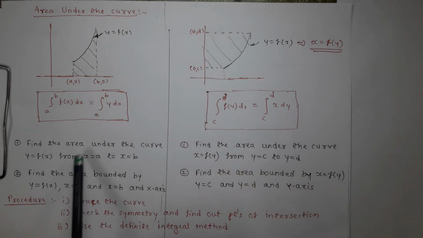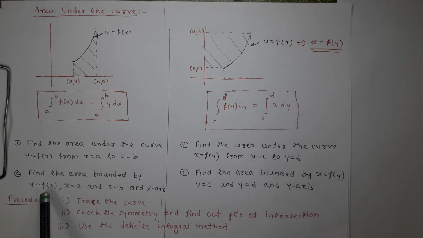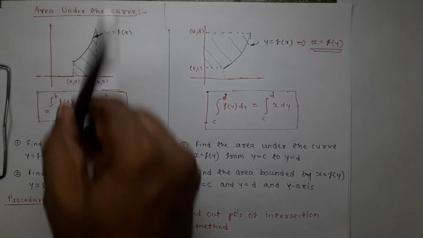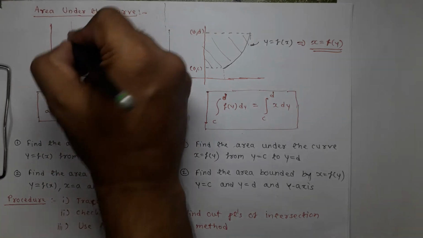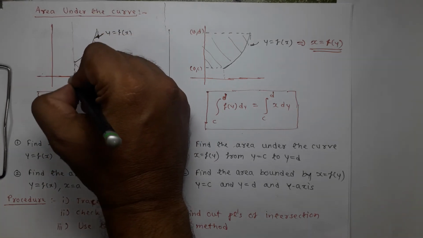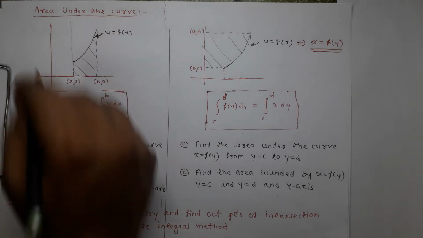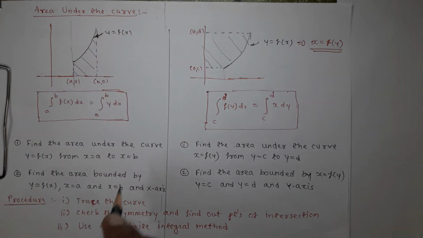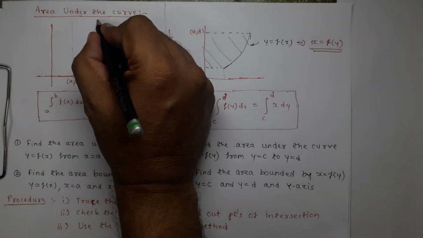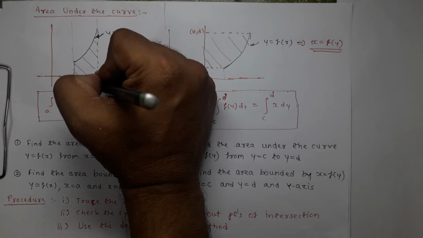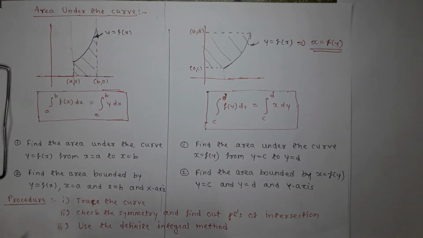Now this may be asked in other words like this: find the area bounded by y is equal to f of x, x is equal to a, and x is equal to b. So x is equal to a is a line which is passing through a, 0 and is parallel to y axis, and x is equal to b means again a line parallel to y axis and passing through b, 0.